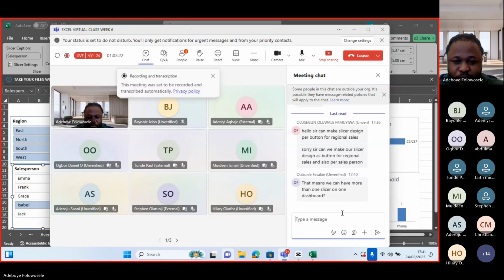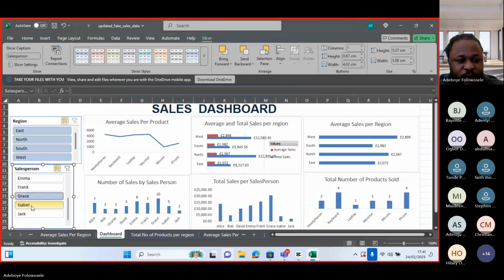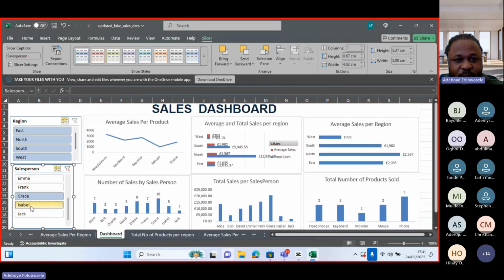All right. So in the absence of any question, let me move on. So if I want to check for Grace now, I will click on Grace, then I will uncheck Isabel. So if you look at Grace, she had a fairly good report card because she sold two.